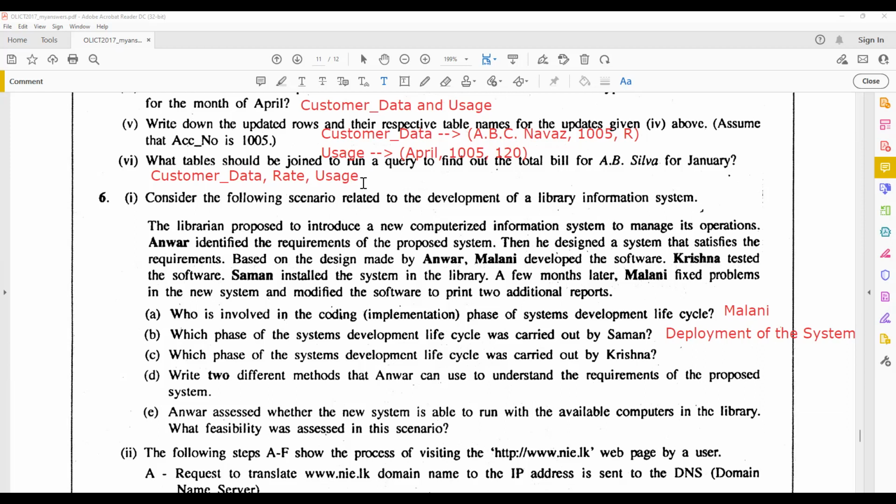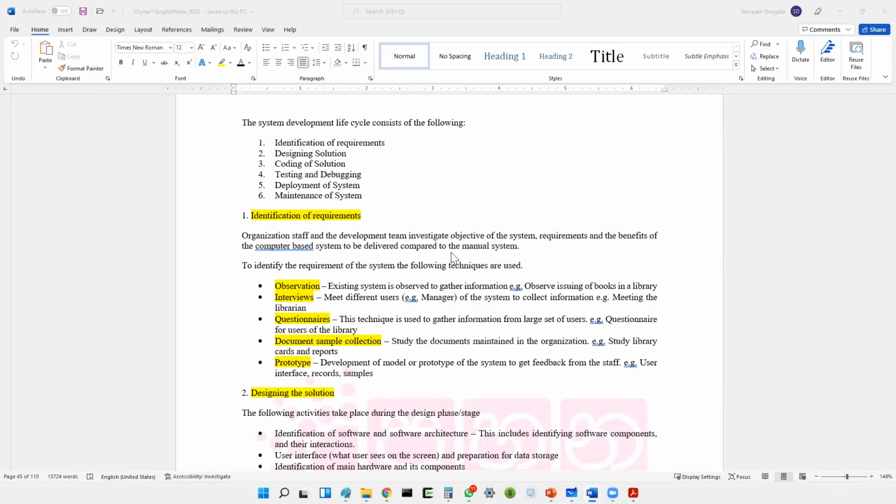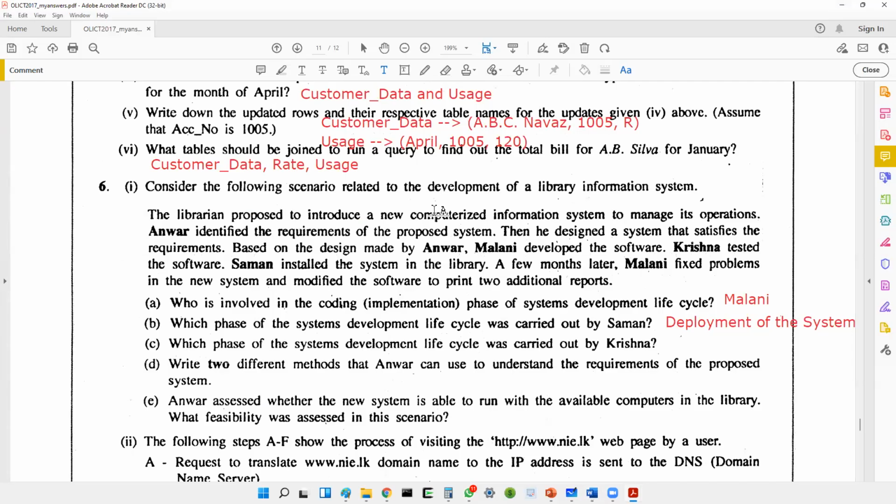If you look at the theory, you can look at identification of requirements, design solution, coding solution, testing and debugging. So it should be testing and debugging.